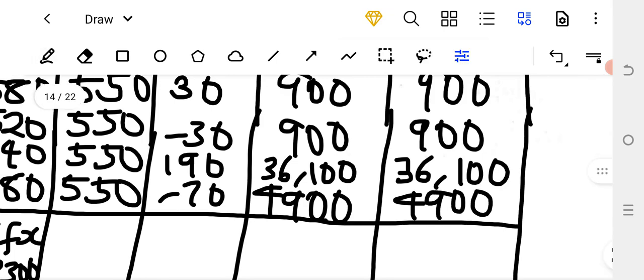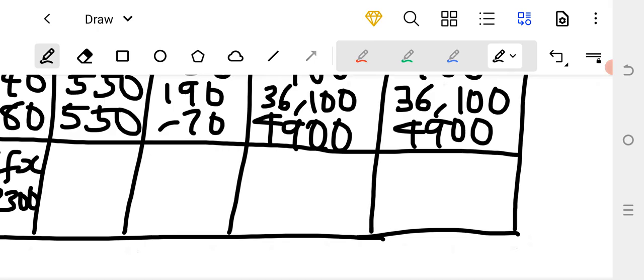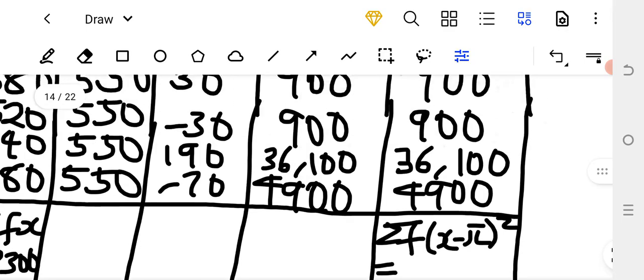To conclude, the summation of f times (x minus x bar) squared is equal to a certain number that we're going to find.